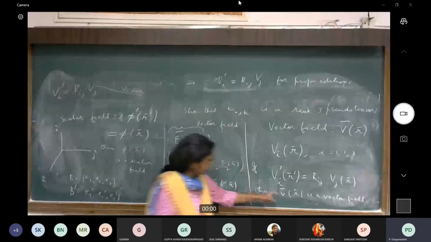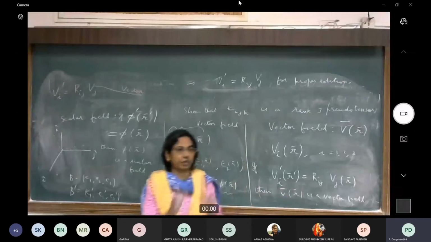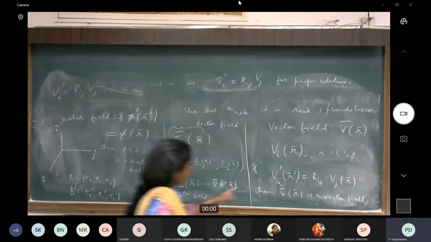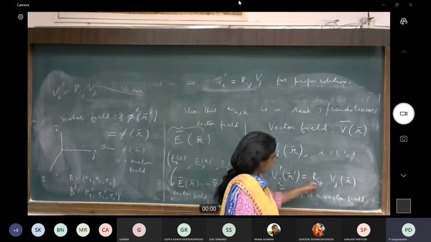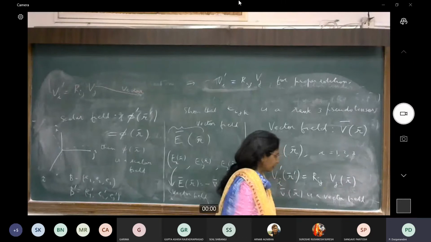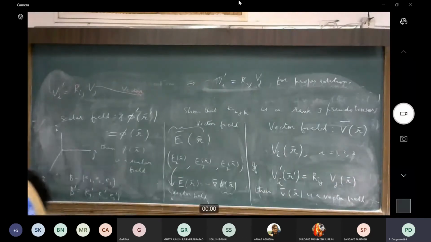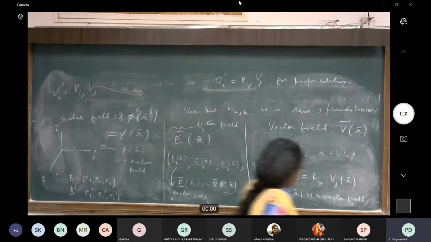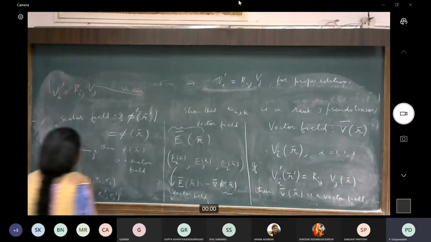So you can see I have V bar of r bar. It has three components, and each component again depends upon the position. Notice what I have written here: V_i prime of r prime equals R_ij V_j of r. On this side I have r, and here I have r prime. I'm taking what is known as a passive viewpoint, as opposed to an active viewpoint; I'll mention this a little bit.